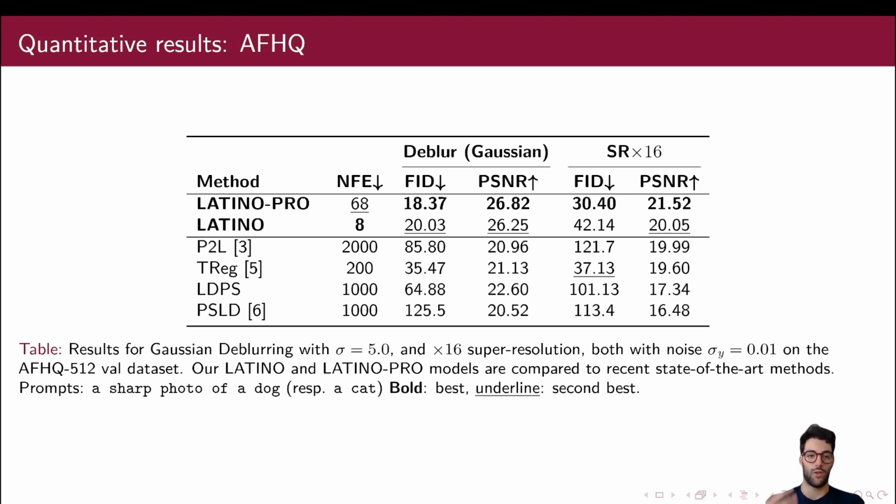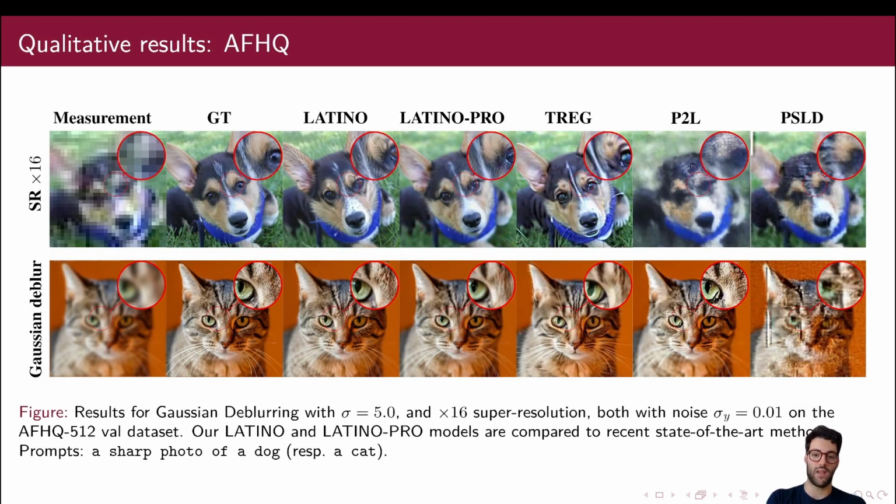In this case, we're working on the AFHQ dataset, which, for instance, is made of this type of images. So we have dogs, we have cats, and we can see in these two examples how Latino and LATINO-PRO are able to retrieve very well some information, like fine textures and some details, without hallucinating too much.